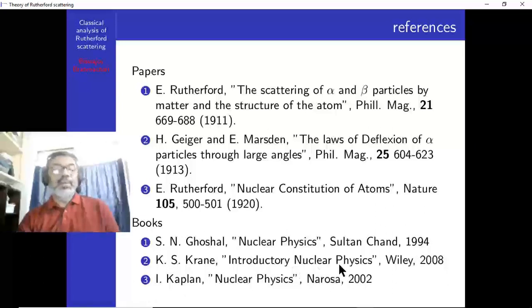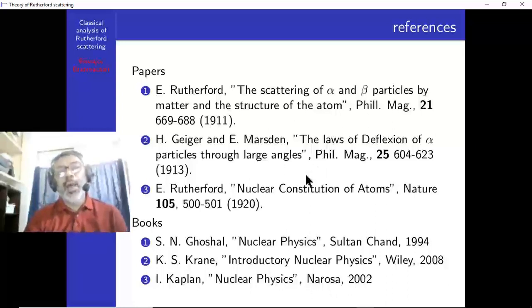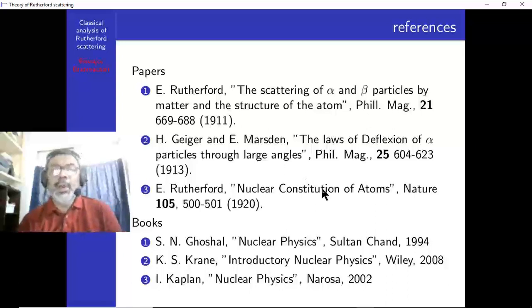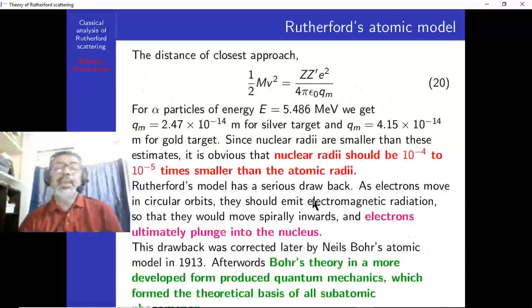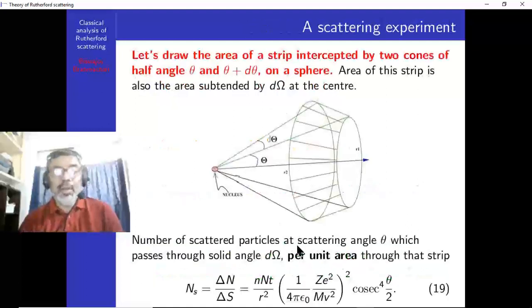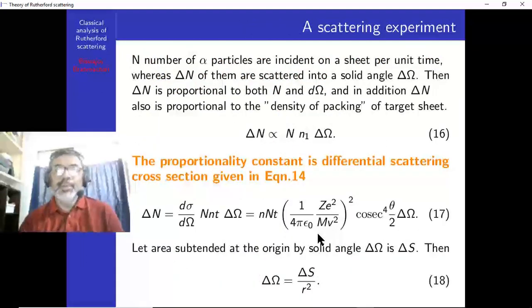K.S. Crane, Introductory Nuclear Physics, is a classic book, published by Wiley in 2008, and Kaplan's book on nuclear physics was previously published by Addison Wesley, and now by Narosa, in 2002. So this will give you a lot of material to read on alpha particle scattering and Rutherford's formula, which is very important because even today the advanced experiments in very advanced labs use this idea of scattering cross section and impact parameter and density of packing.